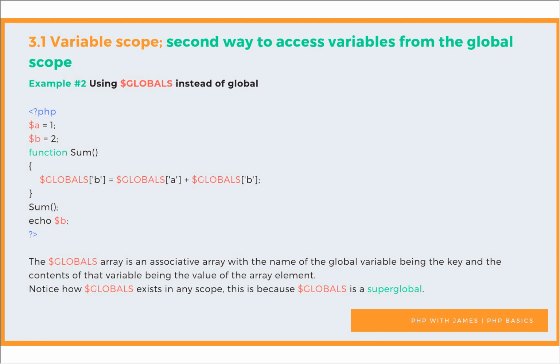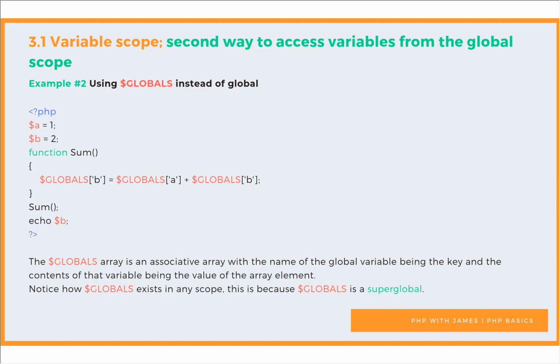Moving on, the second way to access variables from the global scope. Instead of using the global keyword, we can use $GLOBALS. Here we have the same example again, but using $GLOBALS.